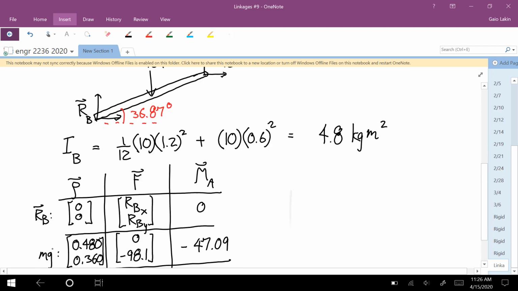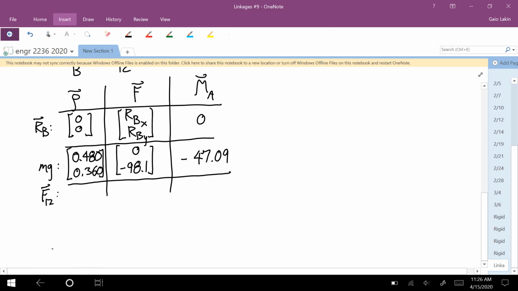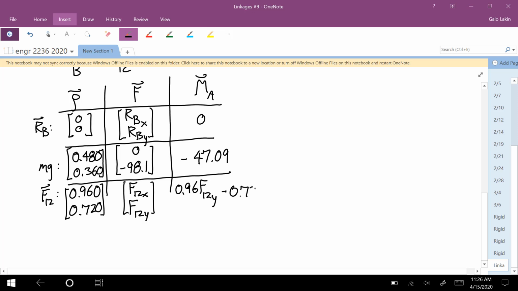The rho vector there is just double this one, so that's 0.960, 0.720. The force vector is F12x, F12y, and the cross product is 0.96 F12y minus 0.72 F12x.